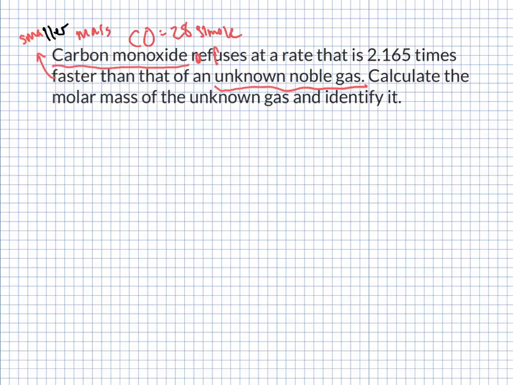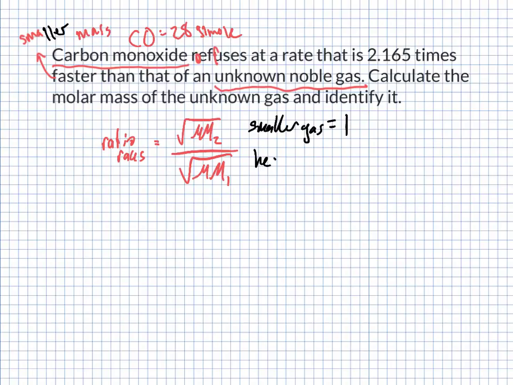So if that's the molar mass, then I know that it is 2.165 times faster than the other one. The formula that you'll see is that the ratio of the rates is equal to the square root of the molar mass of gas 2 over the molar mass of gas 1. And in your reading guide, I said always make the smaller gas equal to number 1 and the heavier gas equal to number 2.